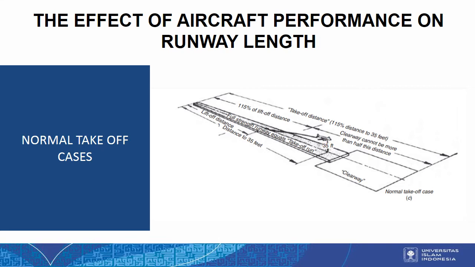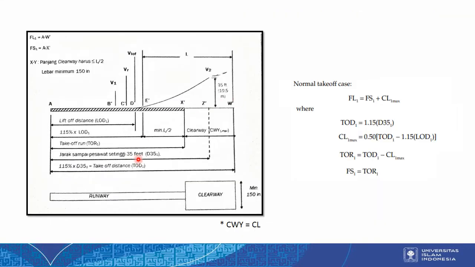Next, this is the vertical alignment. So this is the runway, and this is the lift-off distance, or we will call it LOD. And here is 115% multiplied by LOD, and then we have the TOR.